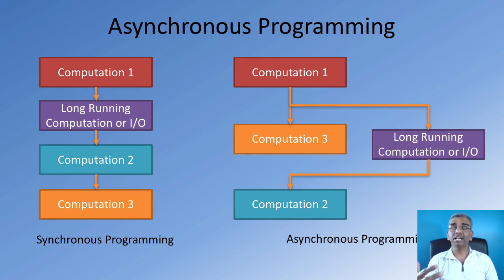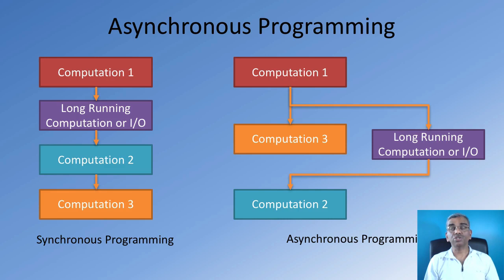Now, we might have another piece of work to be done, which is defined by computation 3. Computation 3 may be in no way dependent upon computation 2 or the long-running computation to complete before it is executed.